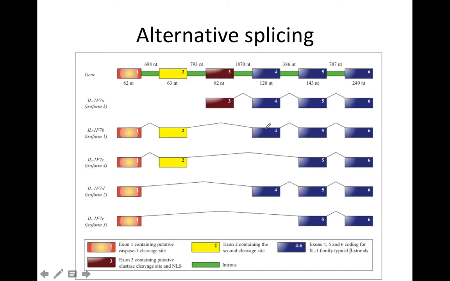So, which means that even if this isoform gets into the brain, it will not respond to it because the brain only recognizes this isoform.